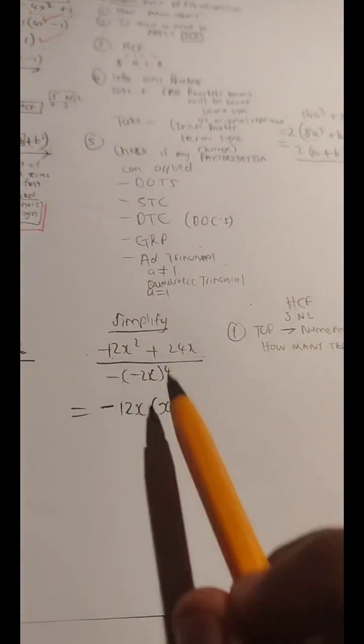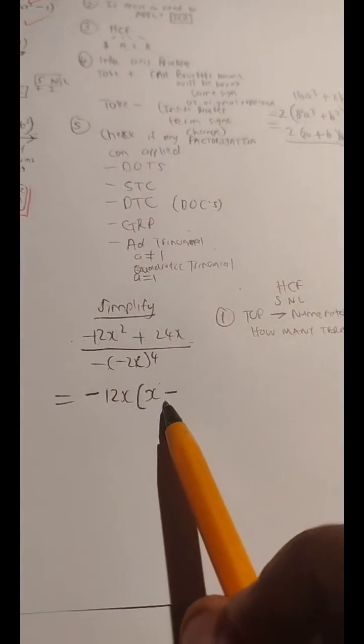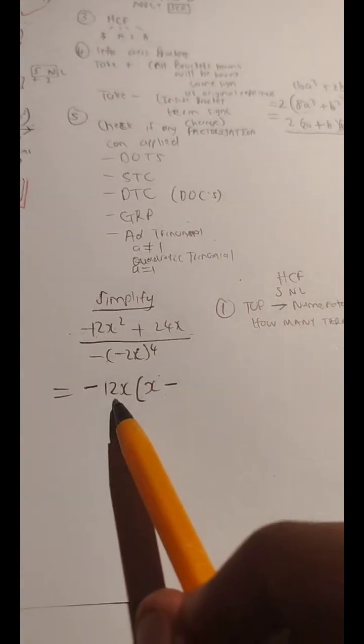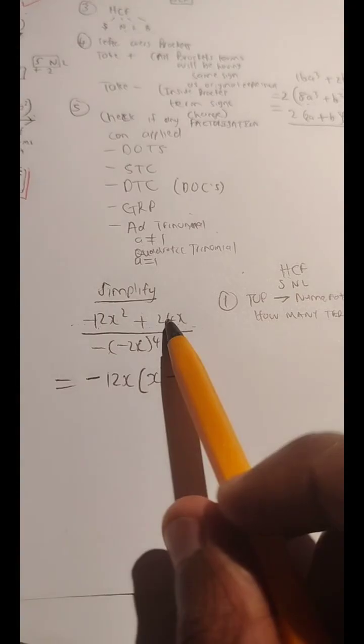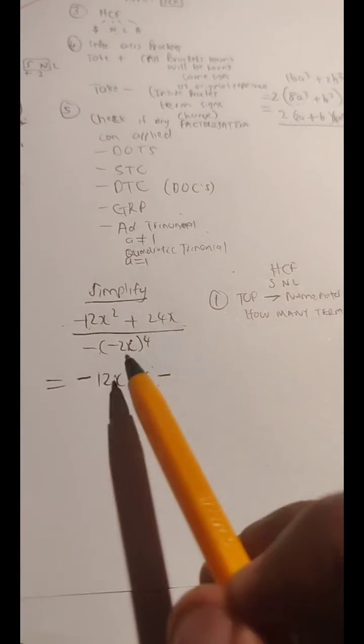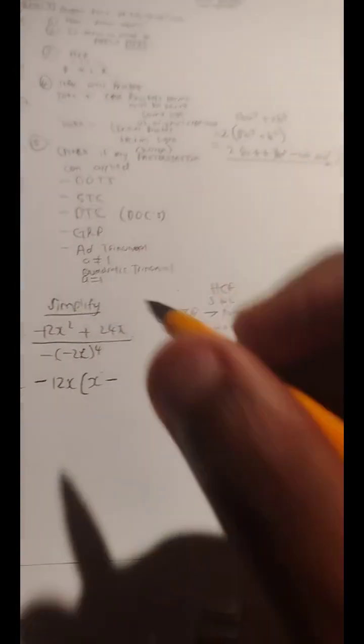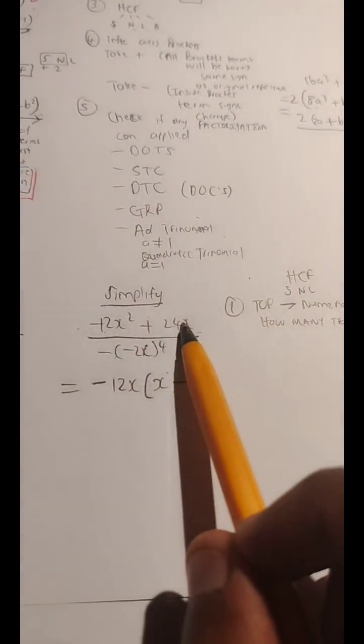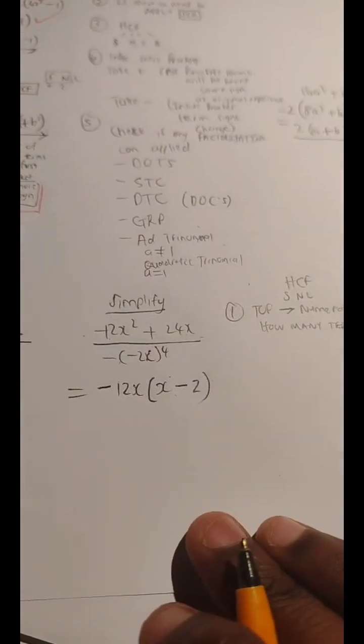Remember, a negative times what gives you a positive? It's a negative. Then you have 24, you have 12. 12 times what is 24? Or what is 24 divided by 12? That is 2. The x that is there is the one that we took out, so we don't have to worry about that.